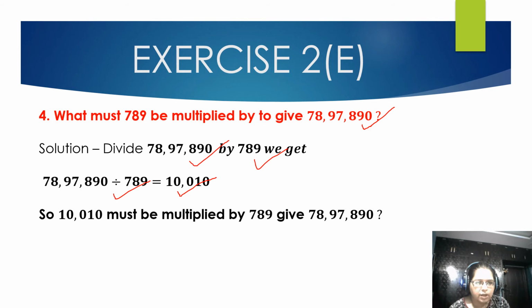So 10,010 must be multiplied by 789 to give 78,97,890. So the answer is 10,010. 10,010 must be multiplied by 789, and we get 78,97,890.